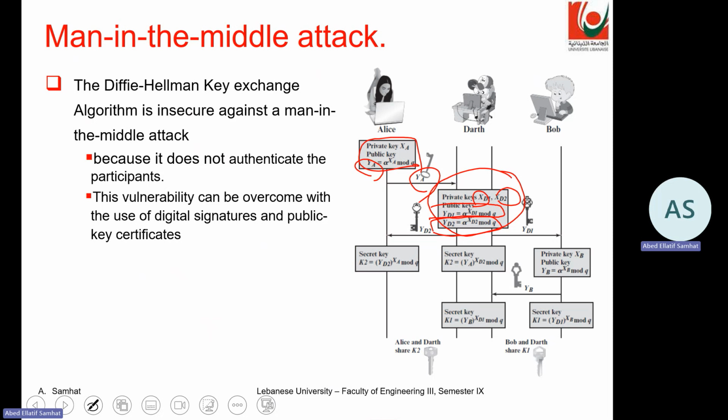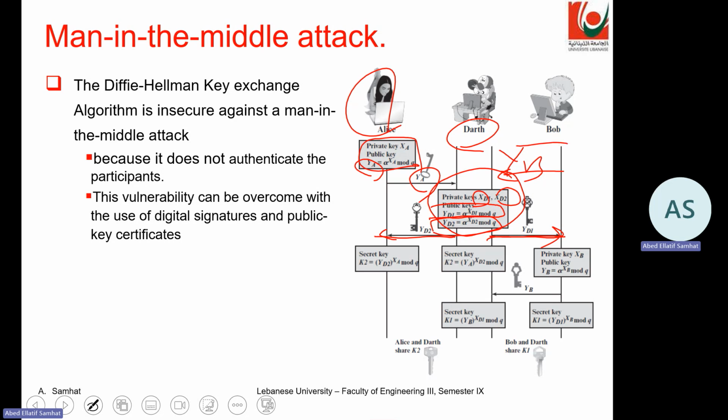When receiving YB from Bob, he will calculate the other value and send YD2. So Alice will receive YD2 from Darth, but Alice assumes that it is coming from Bob.